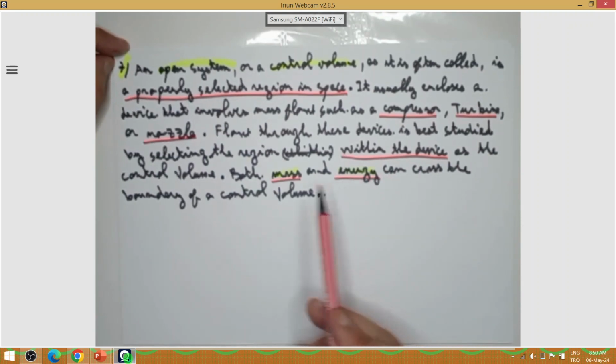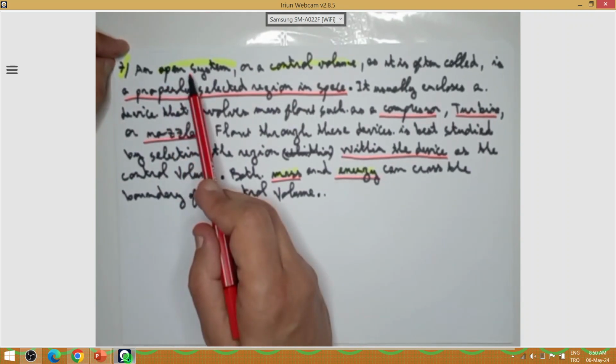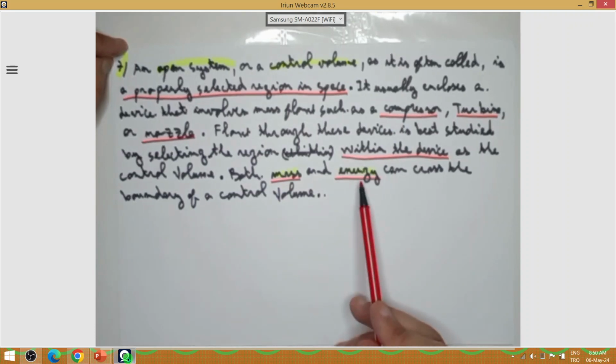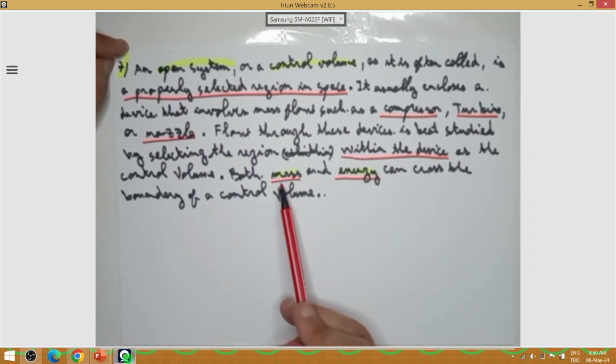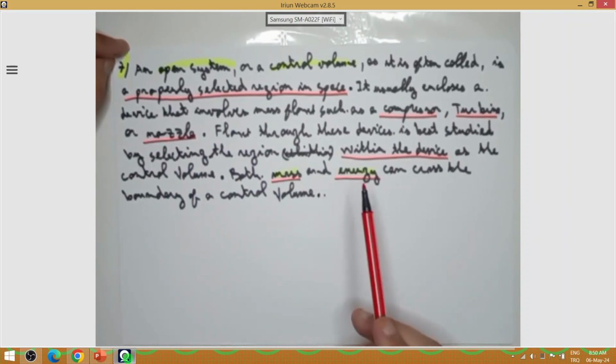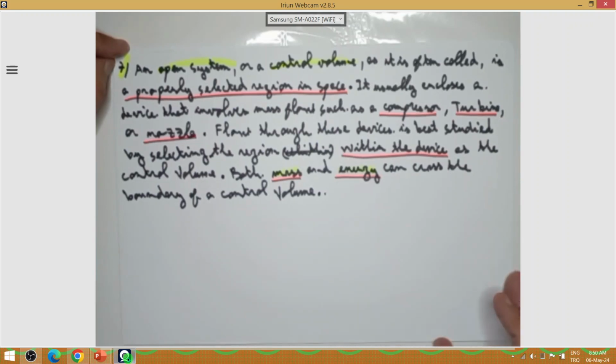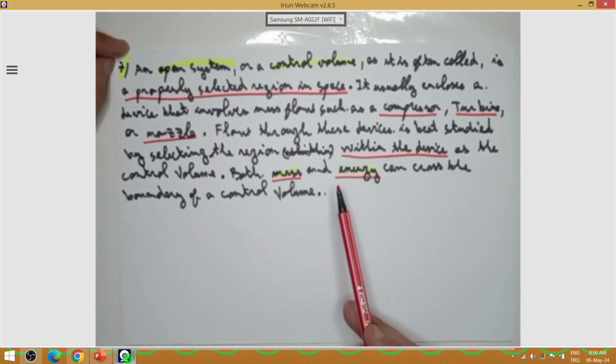But in the case of an open system or control volume, mass can cross the boundary, and also energy in the form of heat or work can cross the boundary.